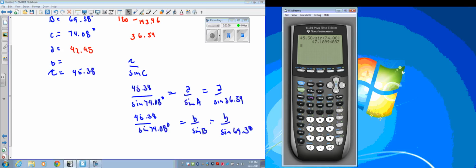Okay. Now I can do the first one. I better do it again. And then I'll just take that times the sine of 36.54. It's the same process, it's just I didn't have my mode right. So that's 28. I guess you'd probably call it 10, right?